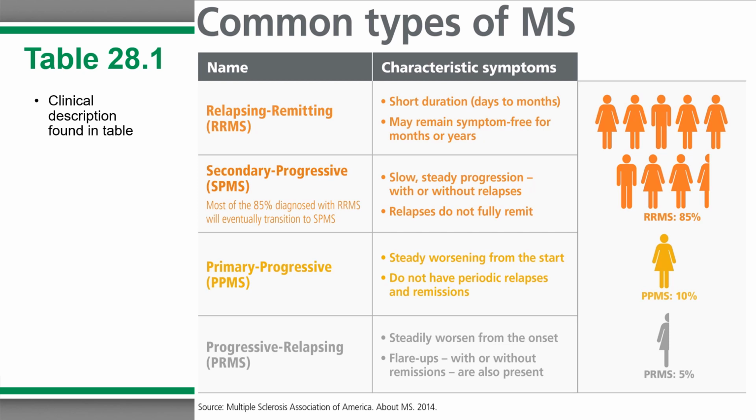You have also less prevalence of relapsing remitting. When you get to primary progressive, less prevalence, and progressive relapsing has the lowest incidence. So this shows you visually what is the most frequent kind, and also what the characteristic symptoms are. But that's also described in table 28.1.